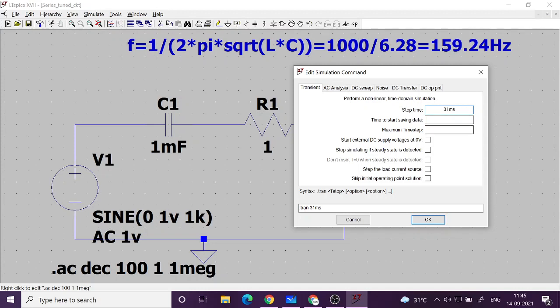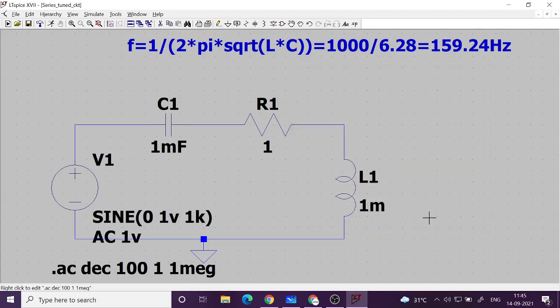Then the maximum time step will be some 0.01 millisecond. Okay, so I am now doing the transient analysis.